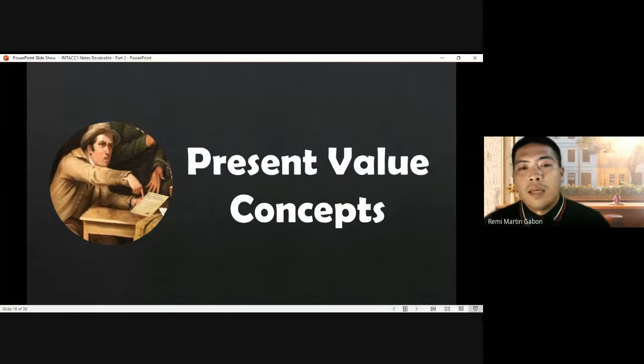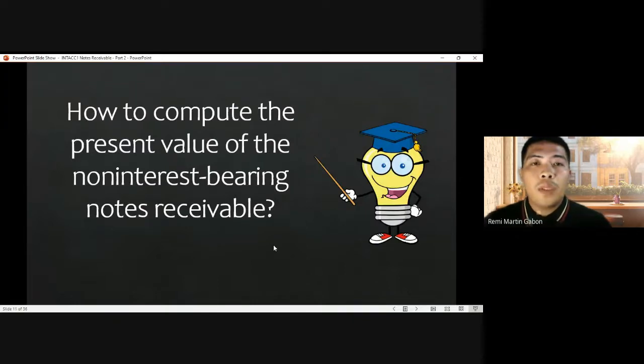Now we proceed with present value concepts. How to compute the present value of non-interest bearing notes receivable. The computation of the present value of non-interest bearing notes receivable is quite different from interest bearing. Yesterday, we discussed interest bearing with unrealistic interest.